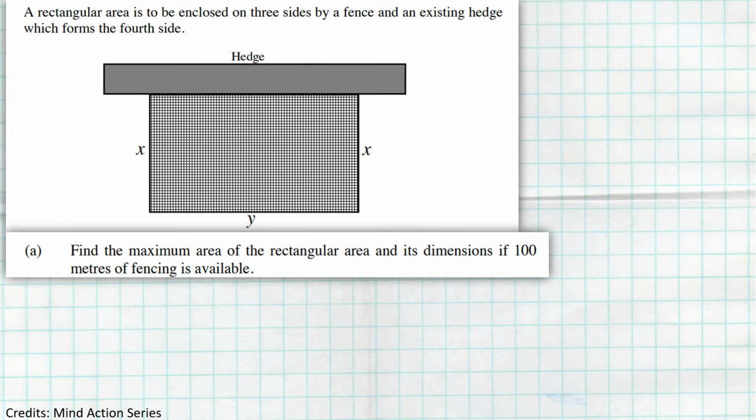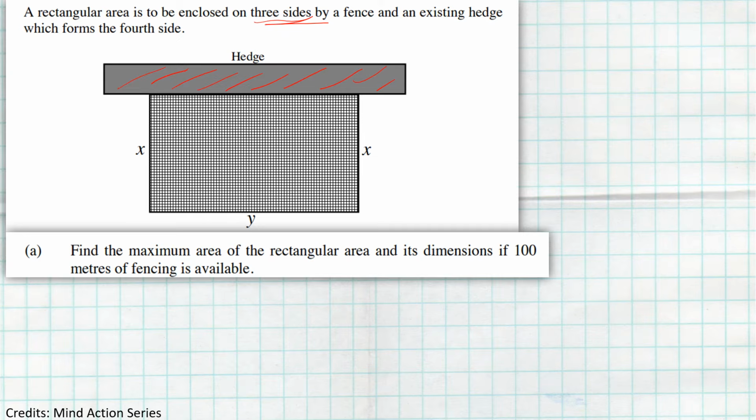Example number 2 says a rectangular area is to be enclosed on 3 sides only, by a fence and an existing hedge, which forms the 4th side. You have a hedge on this side, but we need to enclose the other 3 sides by a fence: x, y, x.